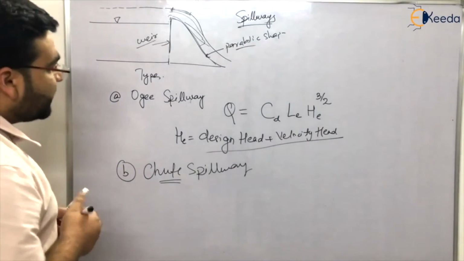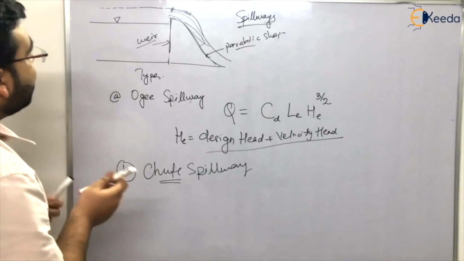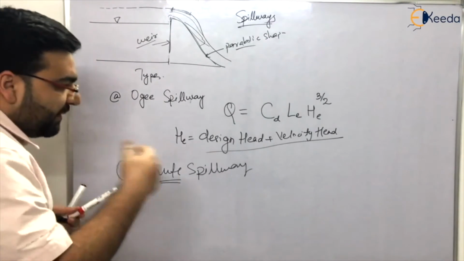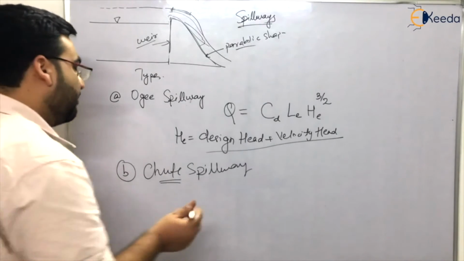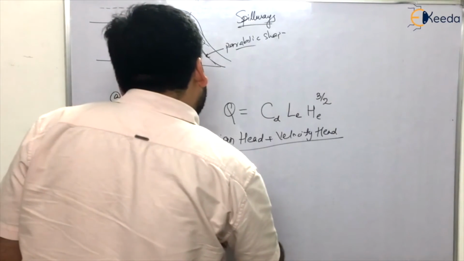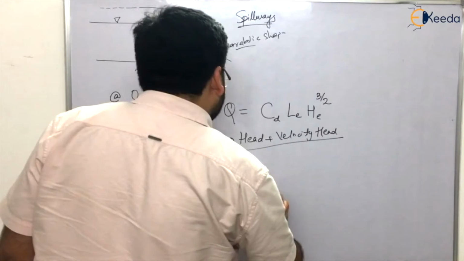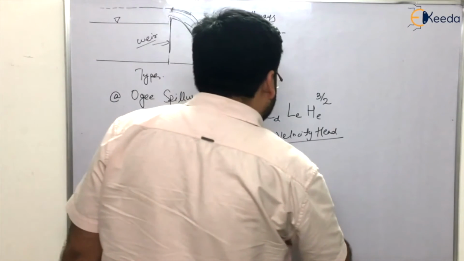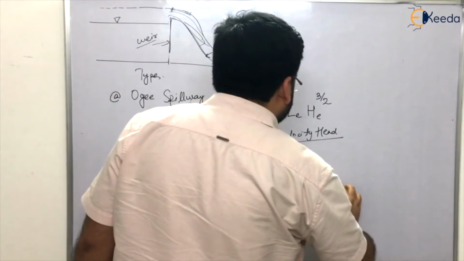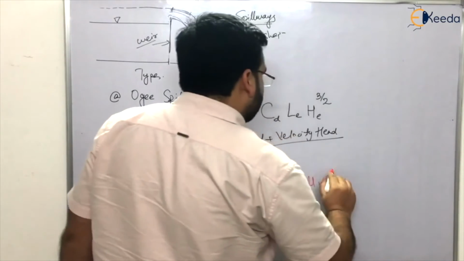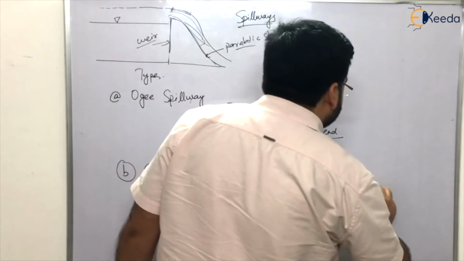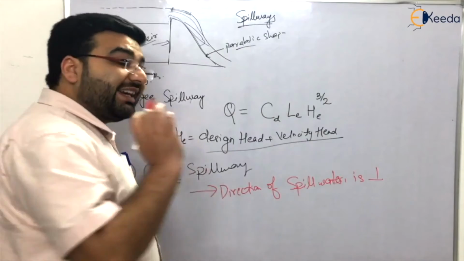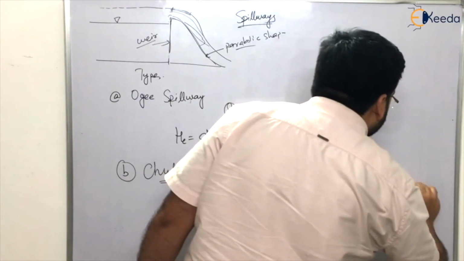In a chute spillway, the direction of spillover water is perpendicular to the crest of the weir.